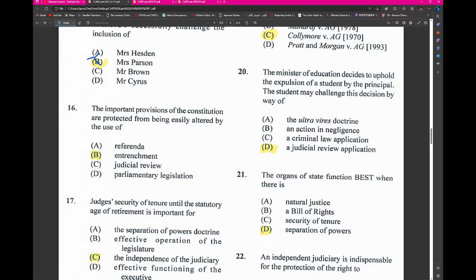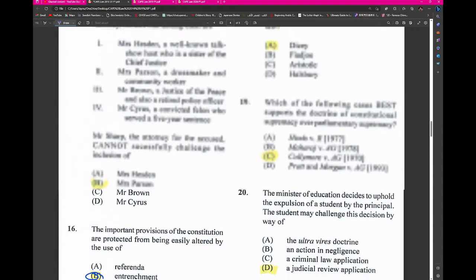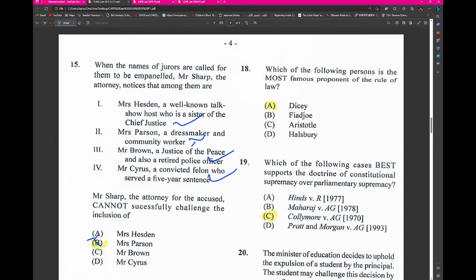The important provisions of the Constitution are protected. It's not altered by the use of entrenchment. Judges' security of tenure until the statutory age of retirement is important for C. Independence of judiciary.